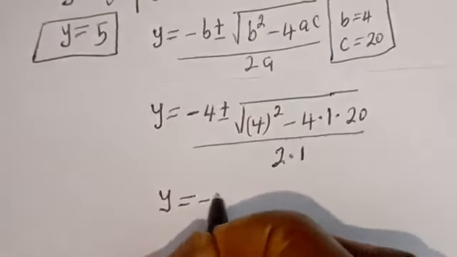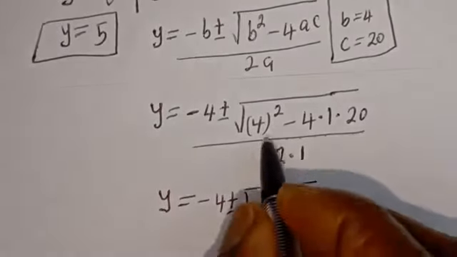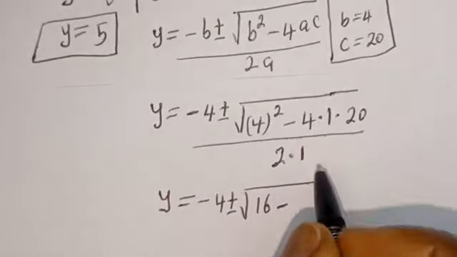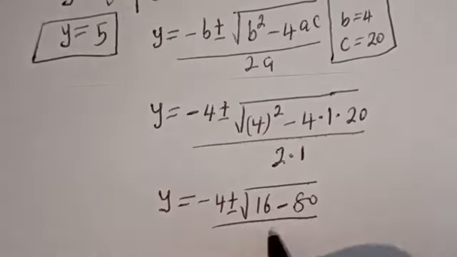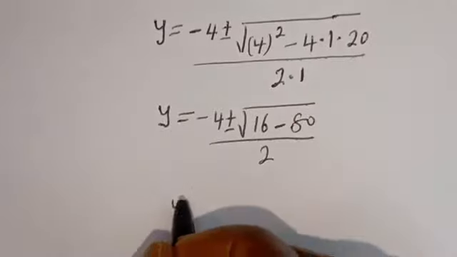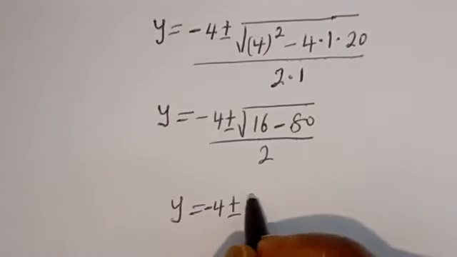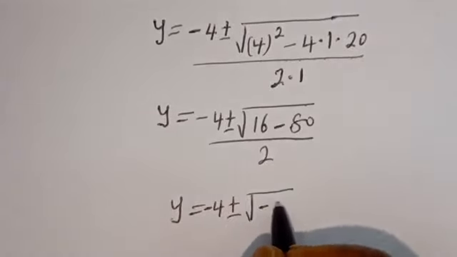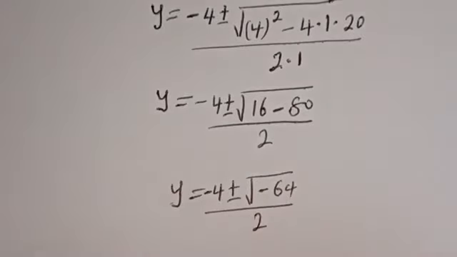y is equal to minus 4 plus or minus square root of 4 square, that is 16, minus 4 multiplied by 1 multiplied by 20, that is 80, divided by 2 multiplied by 1, 2. y is equal to minus 4 plus or minus square root of 16 minus 80, that is minus 64, divided by 2.